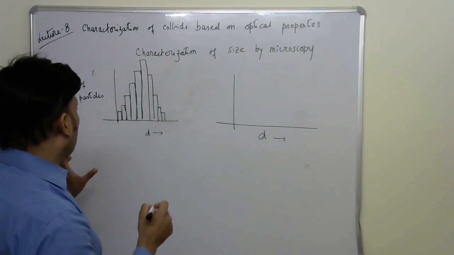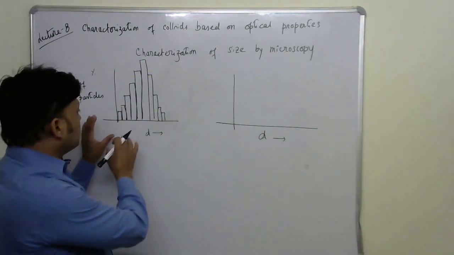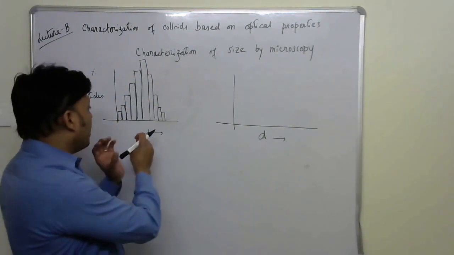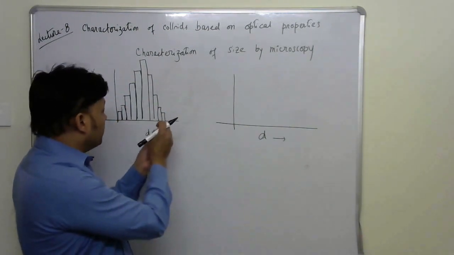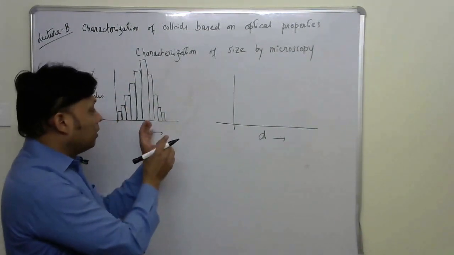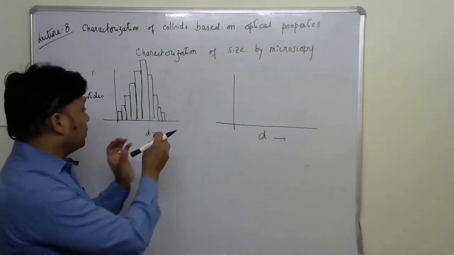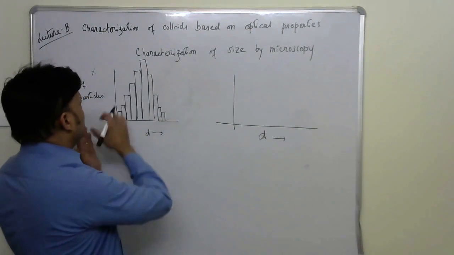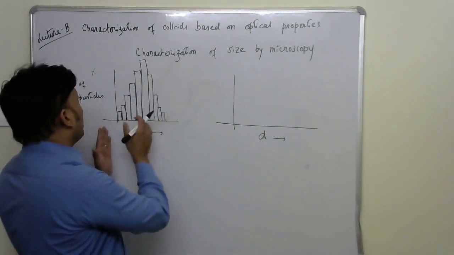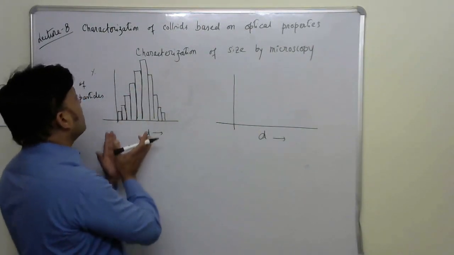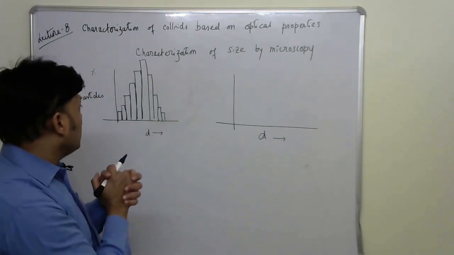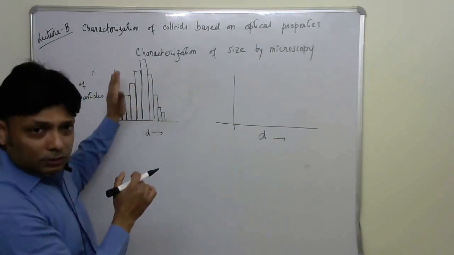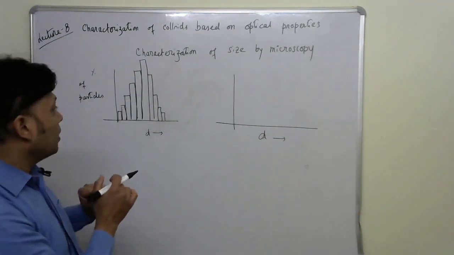So very small diameters will have a very small percentage, as expected in a natural distribution, and particles with very high diameter would also be smaller in number, and in the middle we have the maximum number of particles. From this we generate an average diameter.